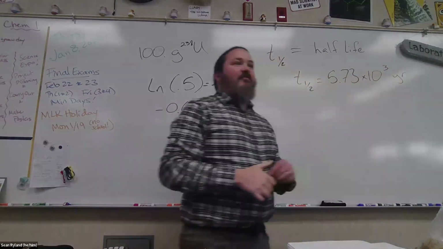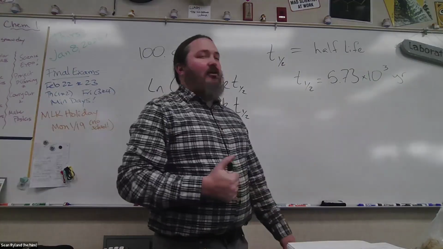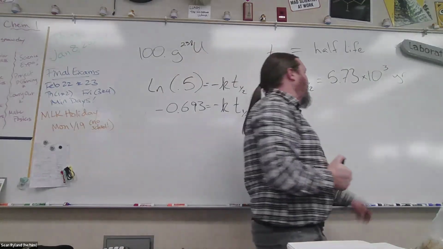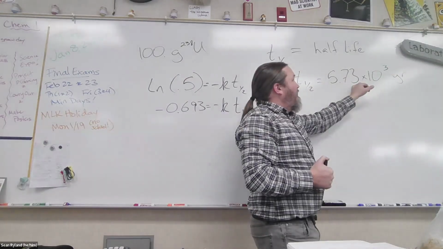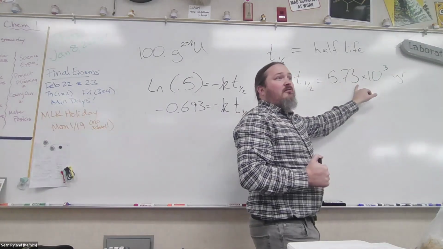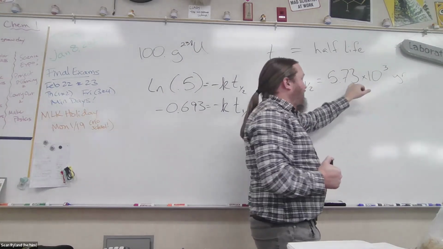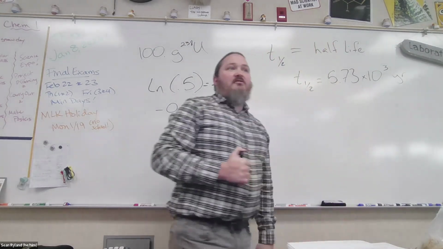Basically it's 5,700, and I think it's actually 5,730, but I don't remember those sig figs that well, so let's ignore that. Just take it to 3 sig figs. 5.73 times 10 to the 3 years is how long it takes for half of your carbon-14 to disappear.